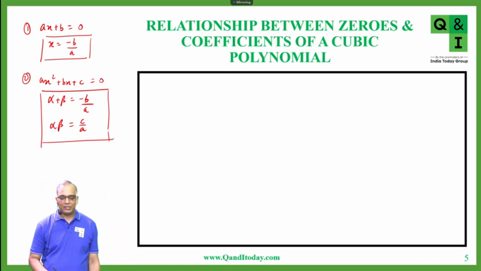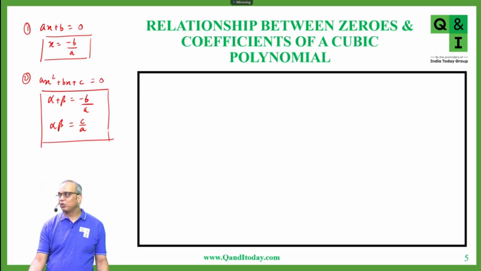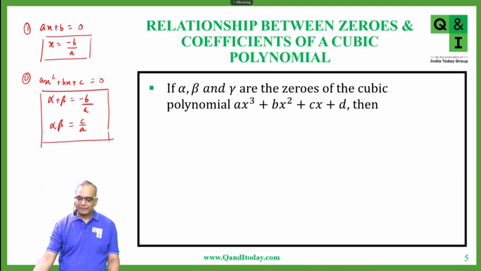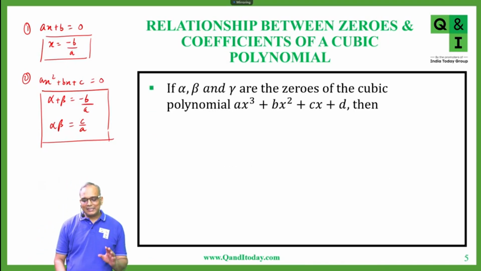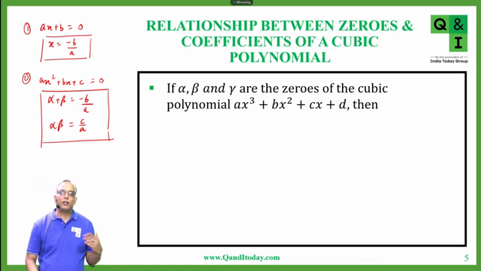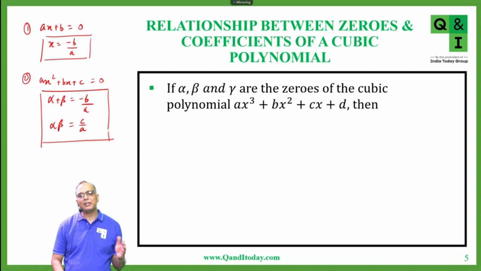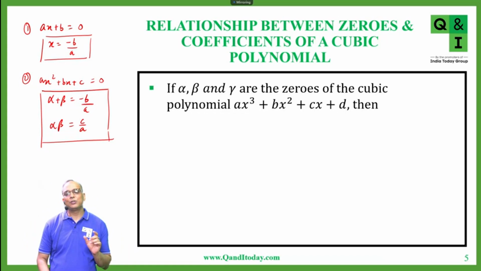Okay. Now coming to the relationship between zeros and coefficients of a cubic polynomial. We have also seen that if the degree of a polynomial is equal to n, then the maximum number of zeros which the polynomial can have is equal to n.